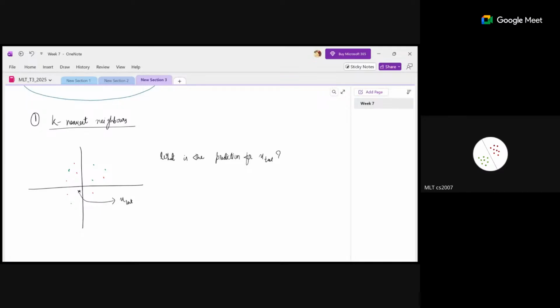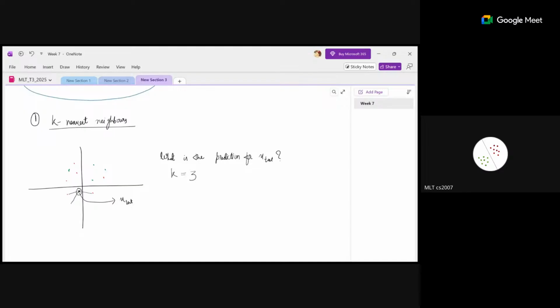So what we do in k nearest neighbor is, let's say my k is given to be 3. I am going to look at the 3 nearest neighbors to this X test. So what are the 3 nearest neighbors that you can figure out? One is this point, another is this point, and the other is this point. These 3 points look the closest to my test point.